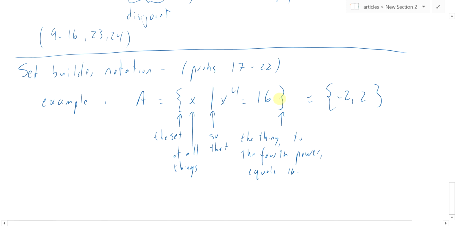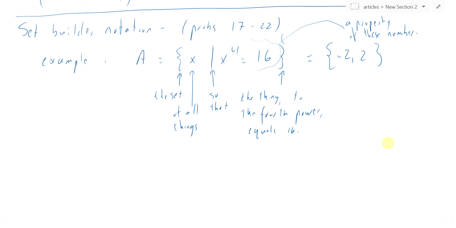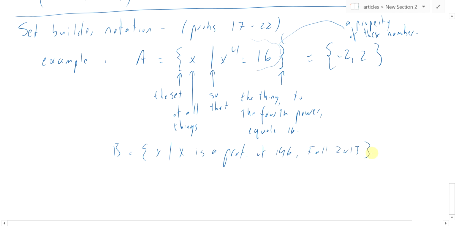So this is a property of those numbers. And so you can refer to things by their properties. So we can define a set B equals the set of all x so that x is a professor of 196 fall 2013.